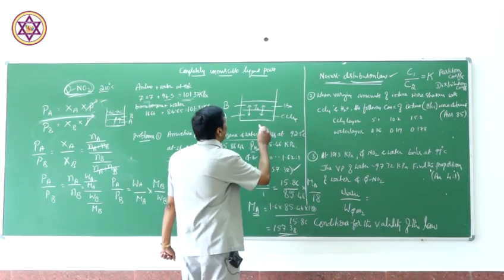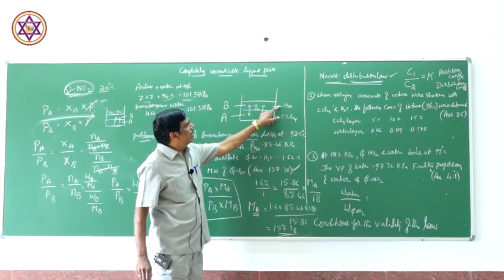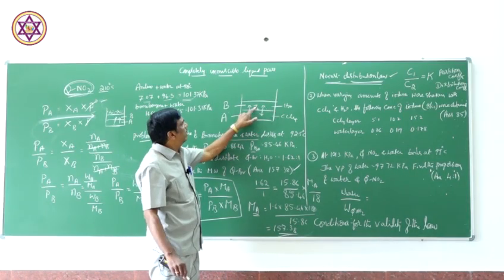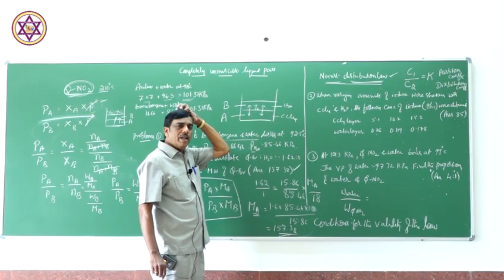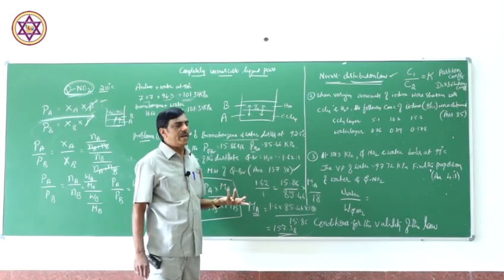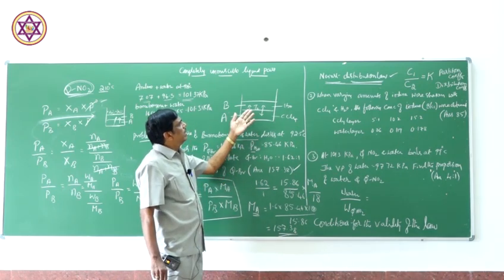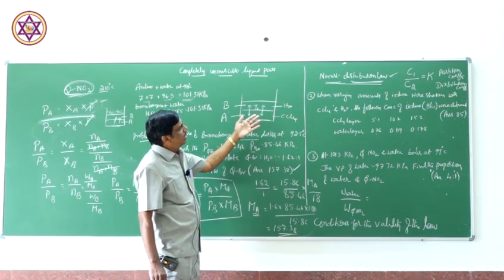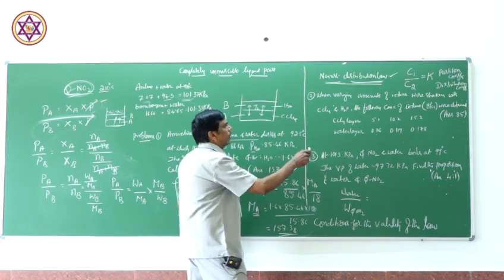For example, if you take iodine, water and carbon tetrachloride, iodine is soluble in water and soluble in carbon tetrachloride, but the degree of solubility is different. Therefore, this ratio of iodine in carbon tetrachloride to iodine in water is always 85.